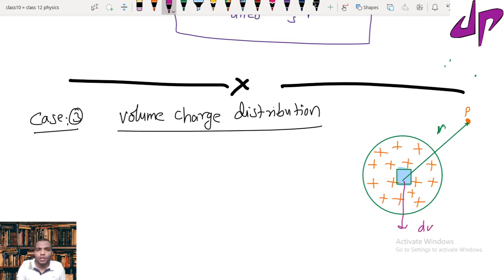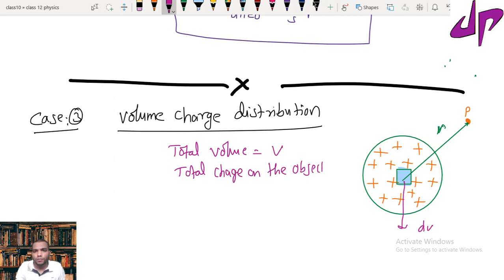If the total volume is V and the total charge on the object is Q, then for a volume dV, what is the amount of charge present on it? We can take that as dQ.